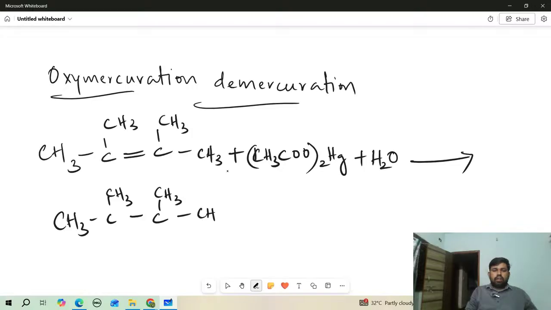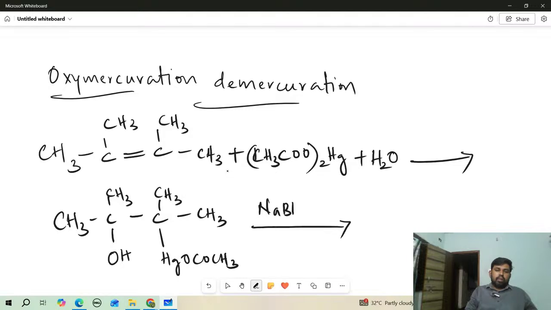An OH should be added here, and here there will be HgOCOCH3, in presence of sodium borohydride.